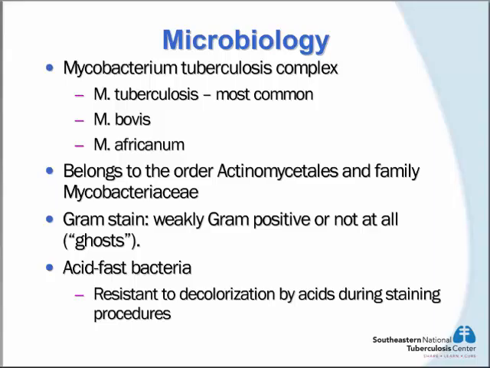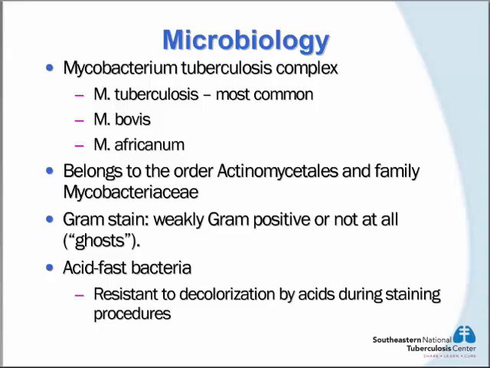If you gram stain specimens with this, they may show a reaction weakly gram positive or not at all. However, you could see in the gram stain the presence of some organisms, so-called ghosts, because sometimes you can't really define if they're gram positive or not.